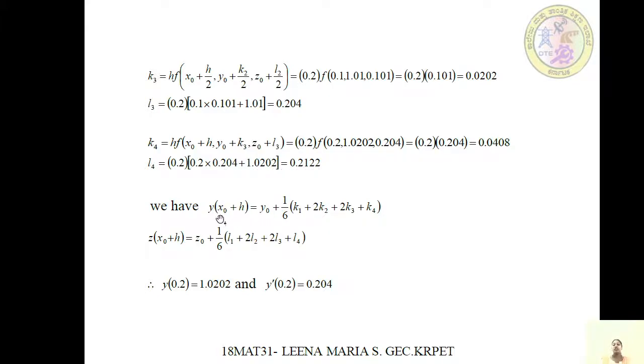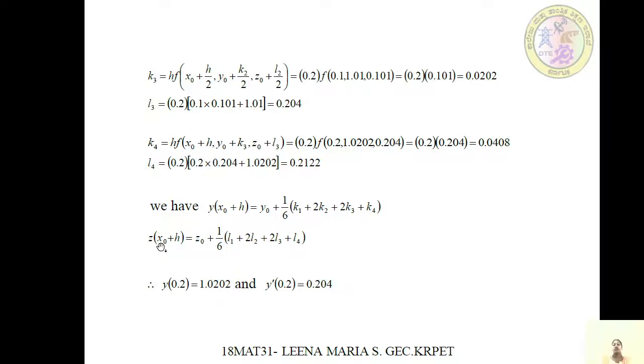So finally we get the value for y of x naught plus h, which is y naught plus 1 by 6 into k1 plus 2 k2 plus 2 k3 plus k4. On substituting all these values, we get the value of y of 0.2 equals 1.0202.